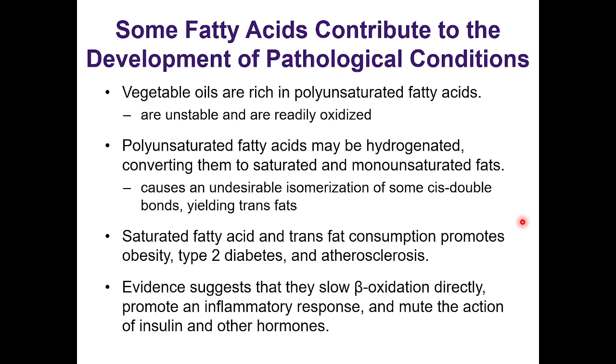The saturated fatty acid and trans fat consumption promotes obesity, type 2 diabetes, and atherosclerosis. The evidence suggests that they slow the beta oxidation, directly promote an inflammatory response, and mute the action of insulin and other hormones. And this is really funny, actually.